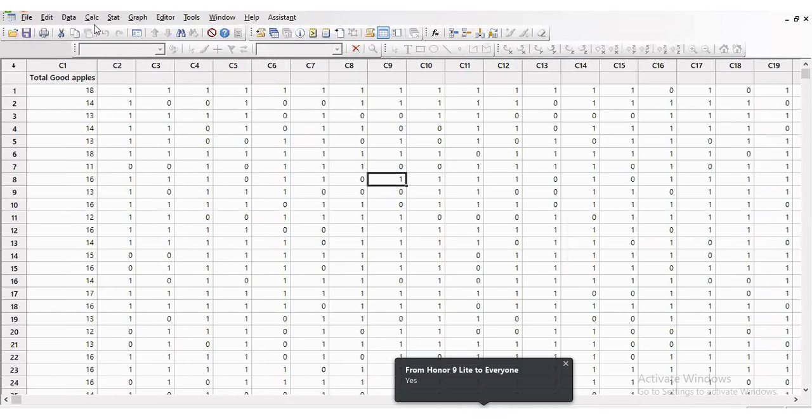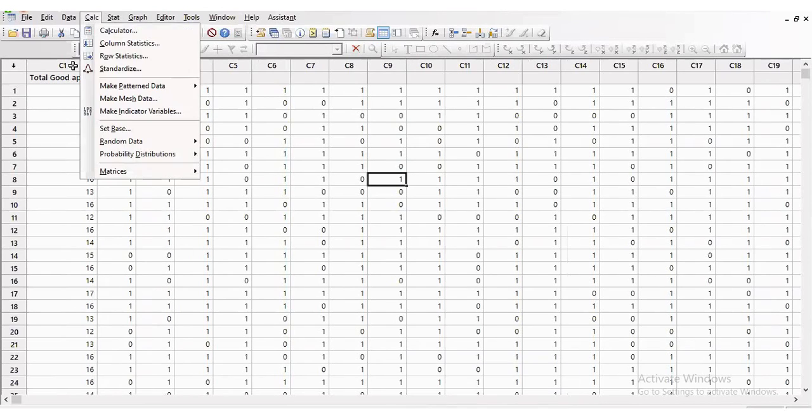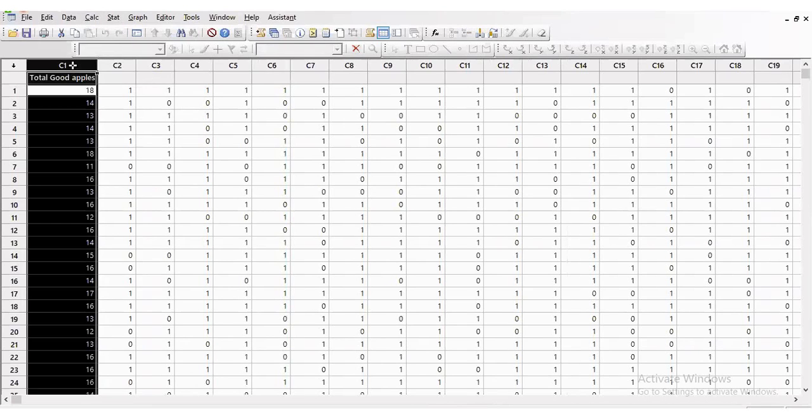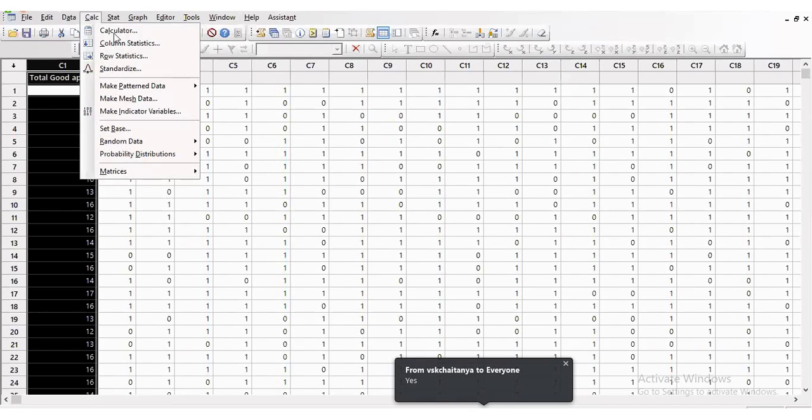Now, instead of doing that, if I add all the sum of these, what am I going to get? The total number of good apples sold in 365 days. Let us calculate that.